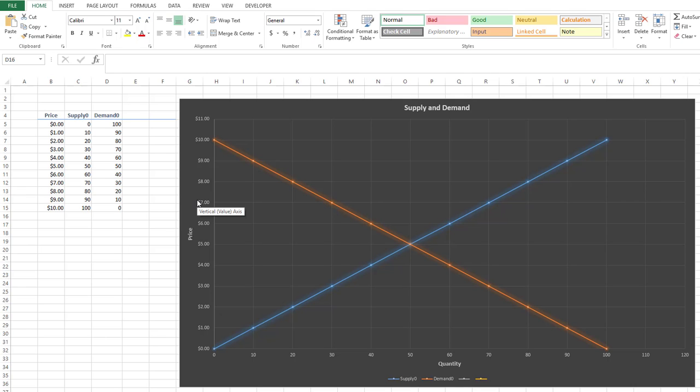inputs. If the cost of the resources used to produce the fast food hamburgers increases, then sellers will not be willing to sell the same quantity at that price.